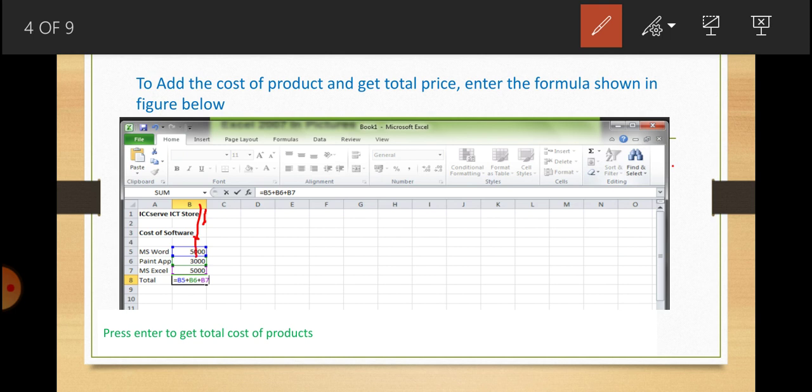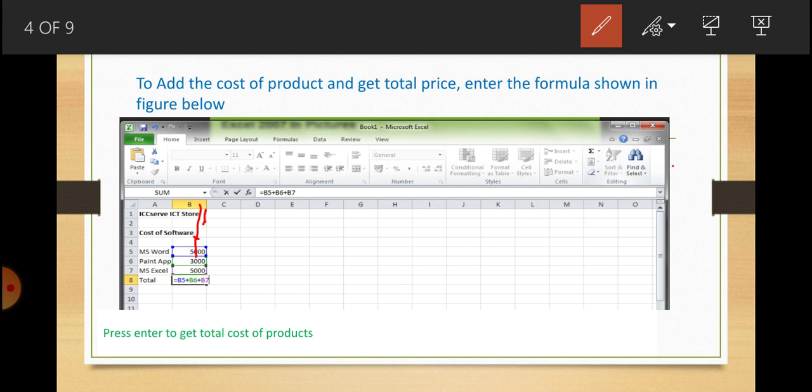You can see that is B5. So if I count to B5, it takes me to the price of Microsoft Word. Now the next thing is B6.